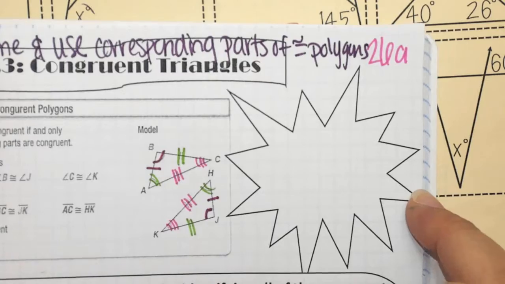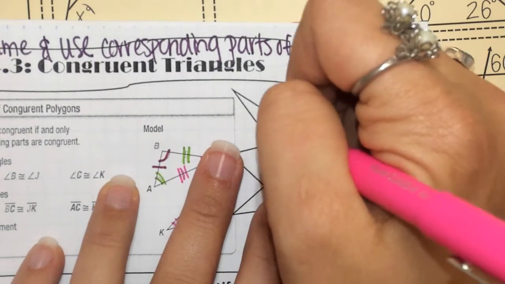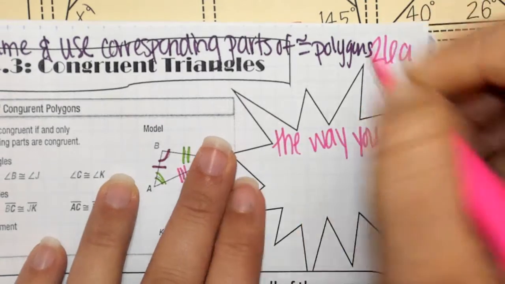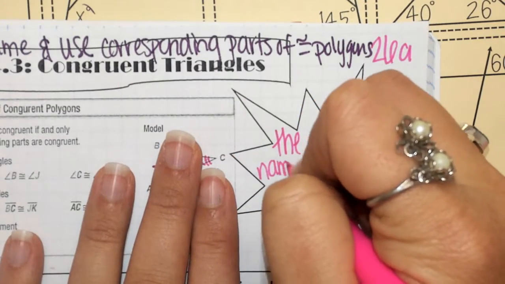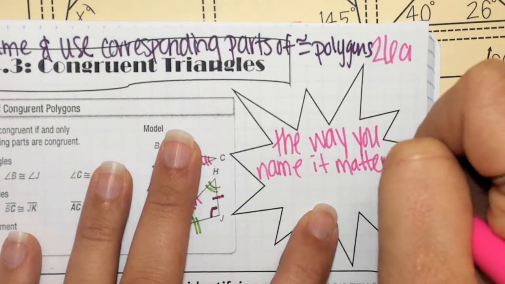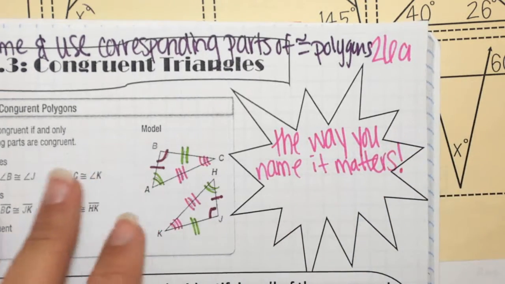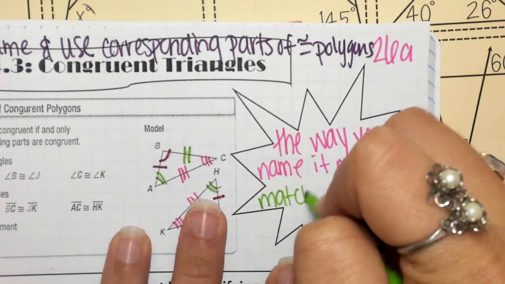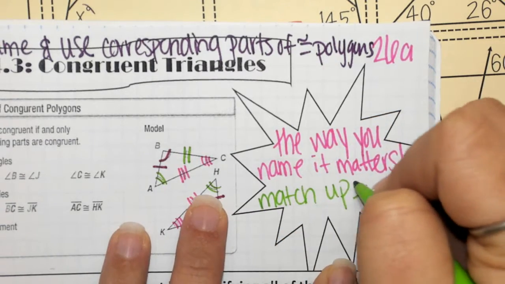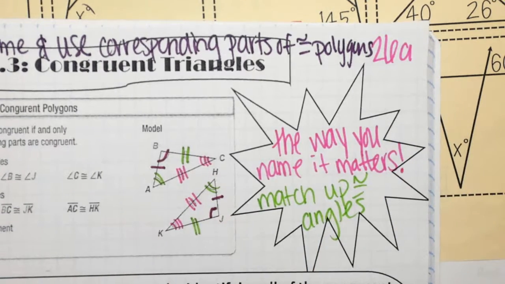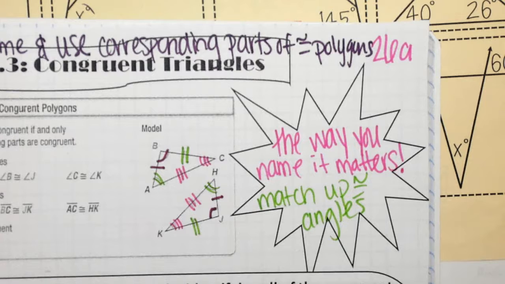Let's write that in the PAL sign. The way you name it matters. Match up congruent angles. This is very important.